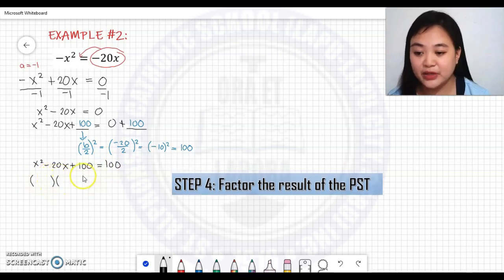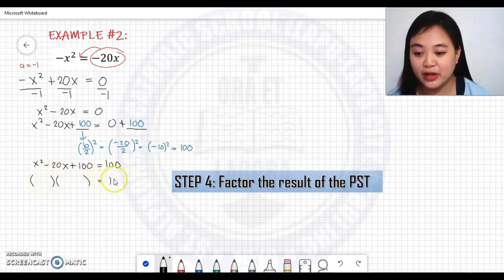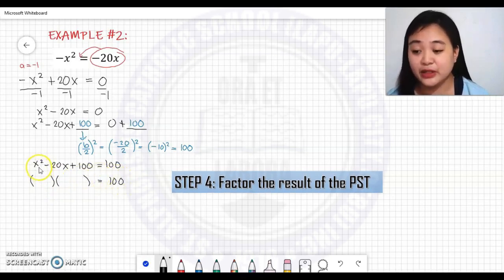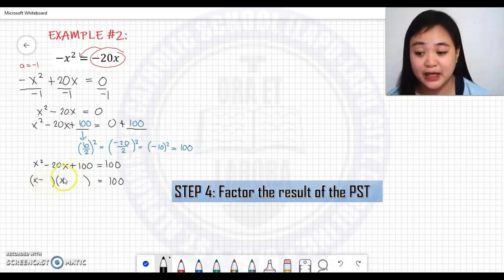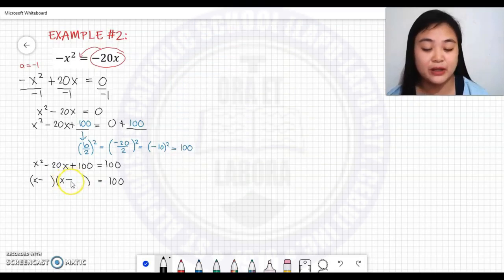You already did this in grade 8, so I hope there's no problem. That is factoring a perfect square trinomial. So the square root of x squared is x. Copy the sign, and since this is plus here, the factors have the same sign, so minus as well. The square root of 100 is 10.